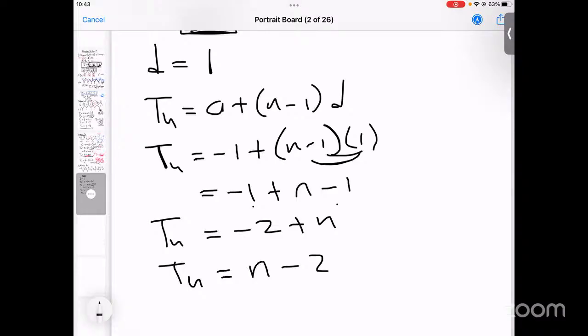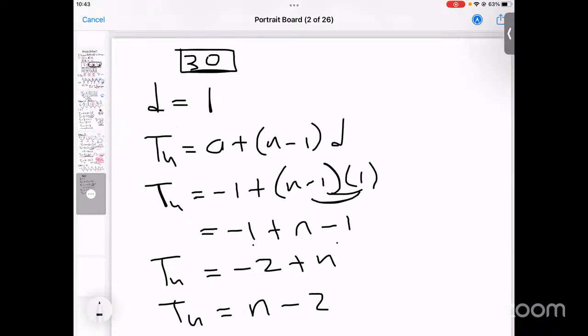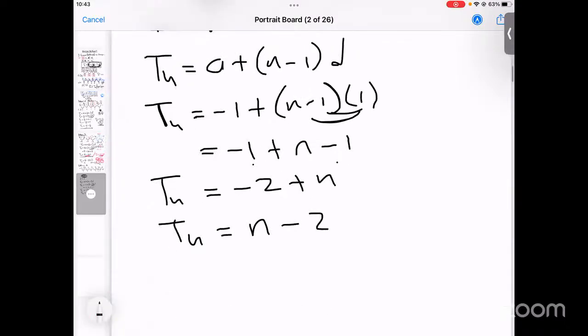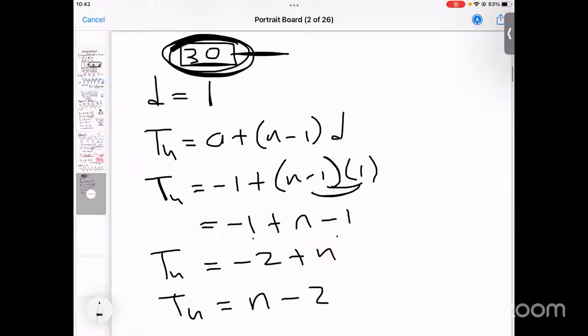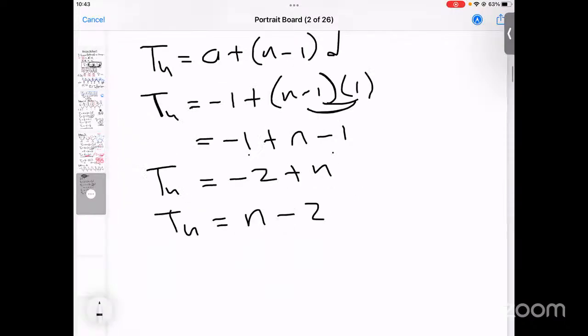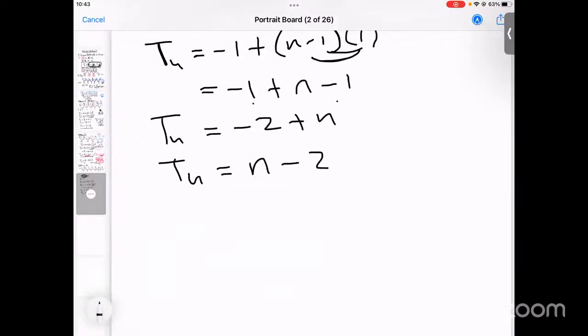If they ask, is 30 a number in the sequence, you can still use this formula to calculate n and verify. Or, what term number is 30? It's like they're asking, what is the house number where you have 30 people? Then you solve for n.